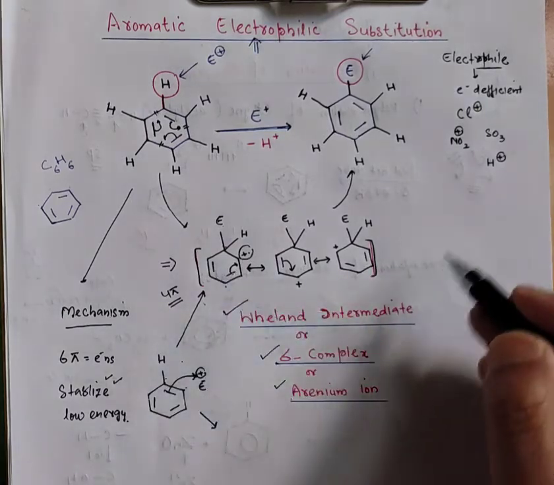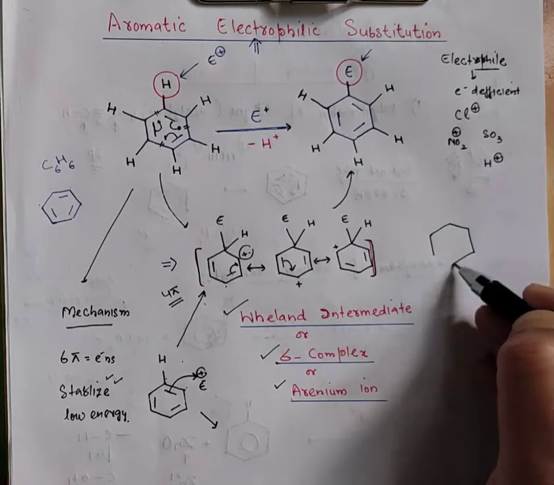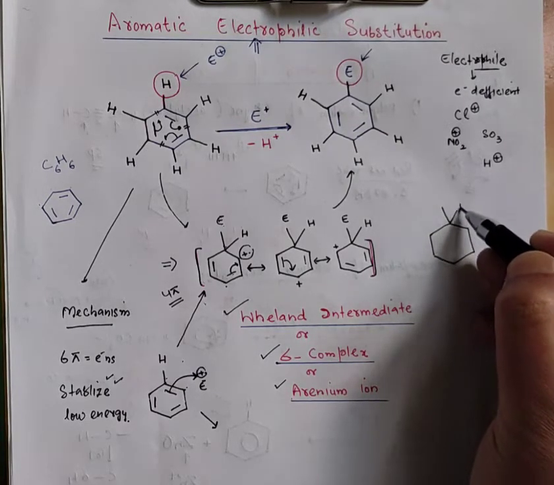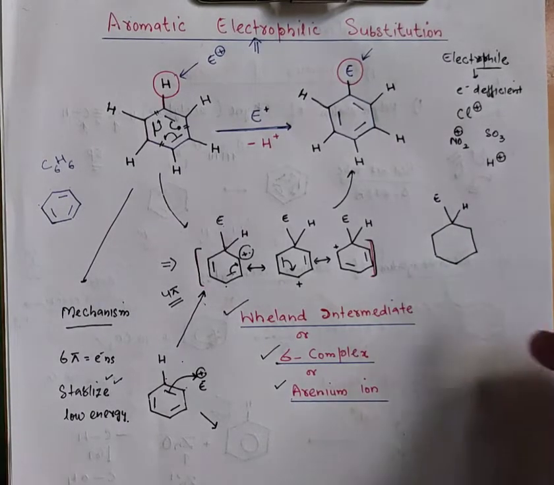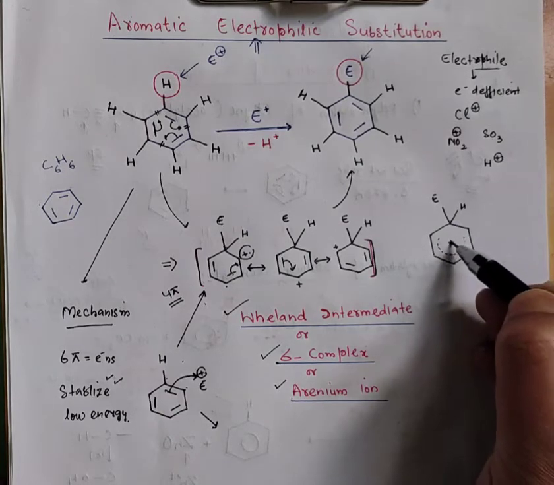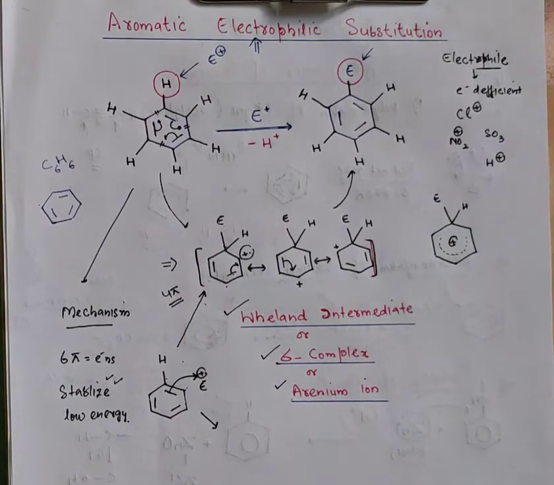So I should say that this intermediate, I can show it this way. We can show it like this. So resonance is between the 5 carbons. So resonance stabilizes the structure.